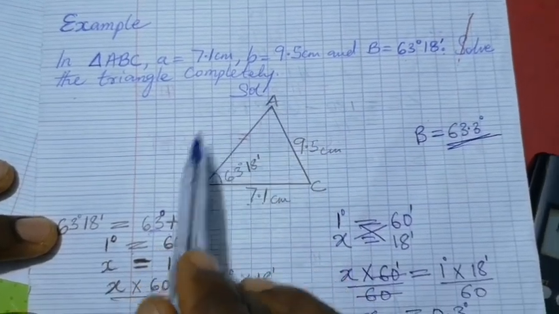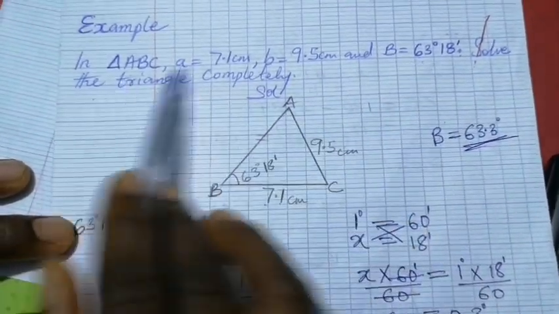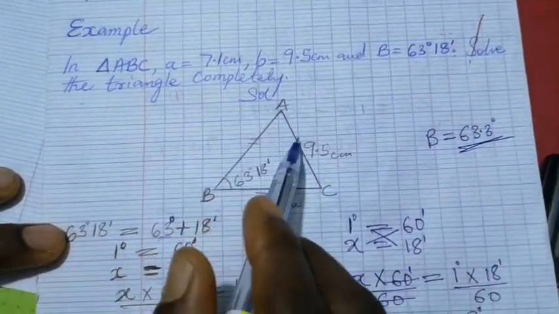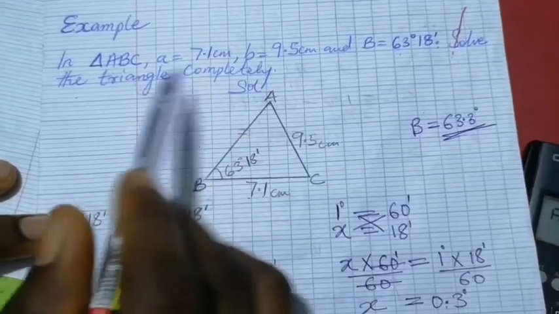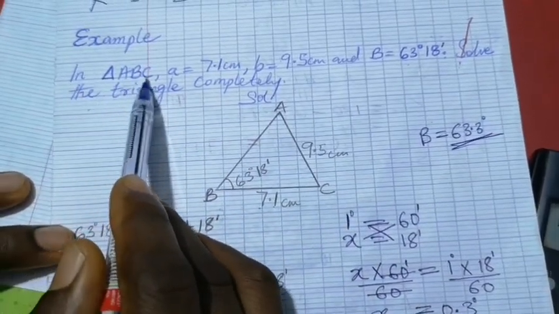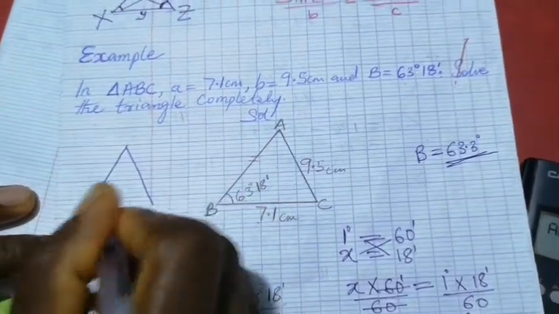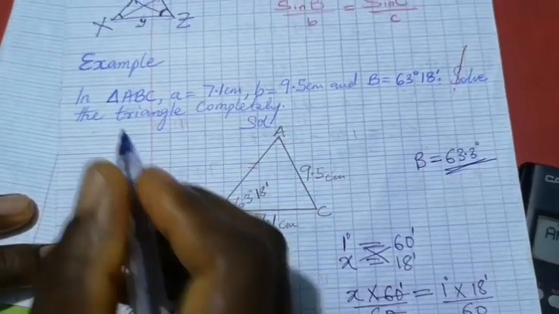Now if you don't have this diagram already and you want to make your diagram from the equation, what you will just do is you follow the equation. Like in this place we have in triangle ABC. So you just have to draw your triangle. You just label.